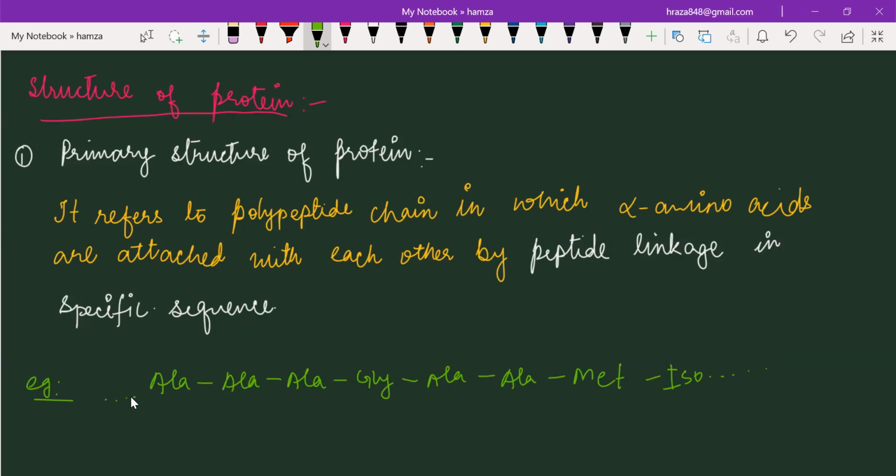So I'm going to show you the example also. I will write the structure also. First, you are going to write it. Sir, what are the examples? Alanine, glycine. They are sequentially arranged.